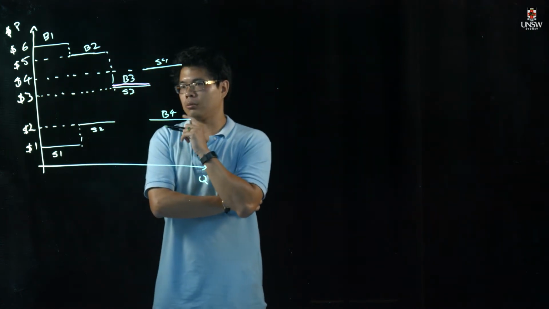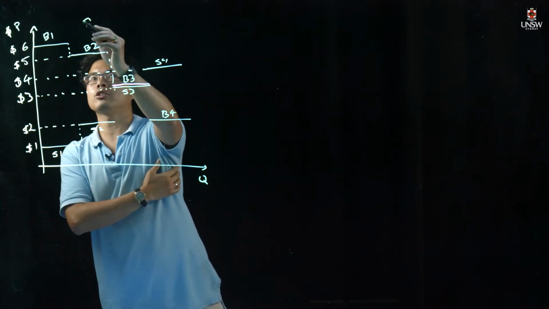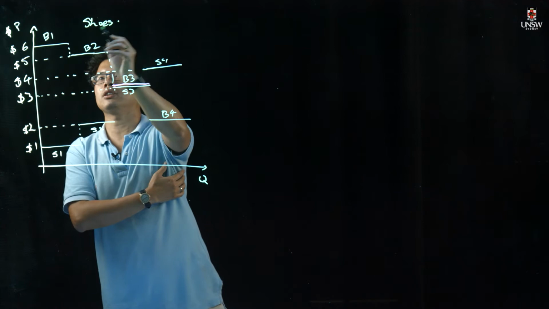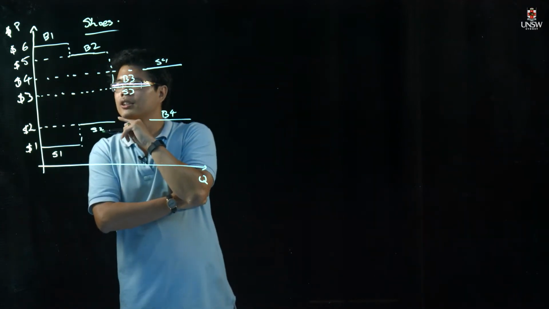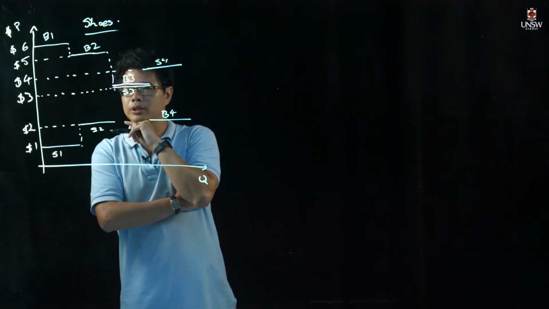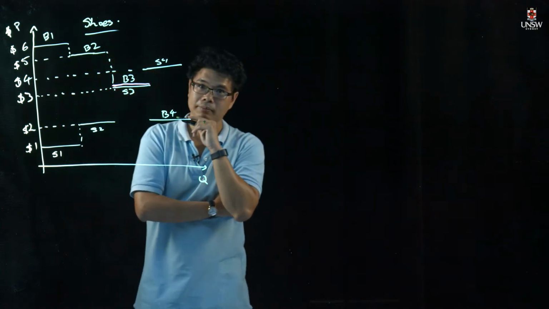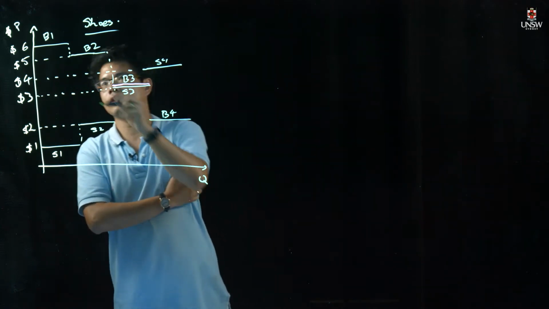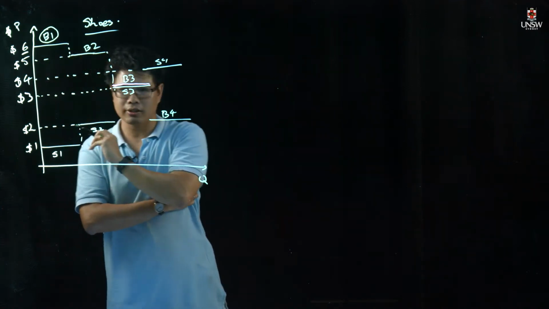So let's start with this particular market. Let's call it a market for, I don't know, shoes or something quite plain. I'm not a very creative guy. Suppose that the price is at $6. At a price of $6, buyer one would be willing to pay $6.